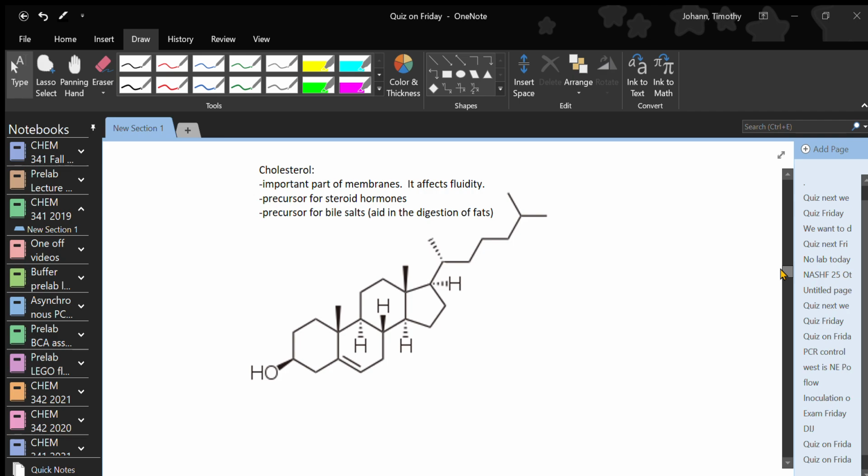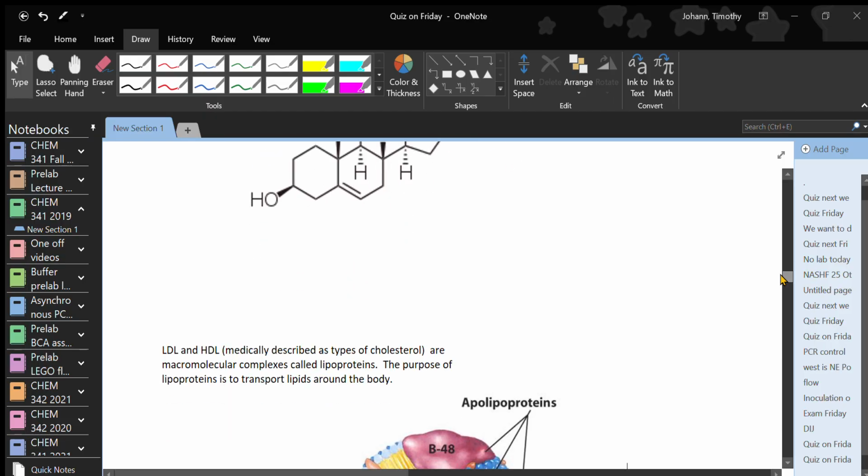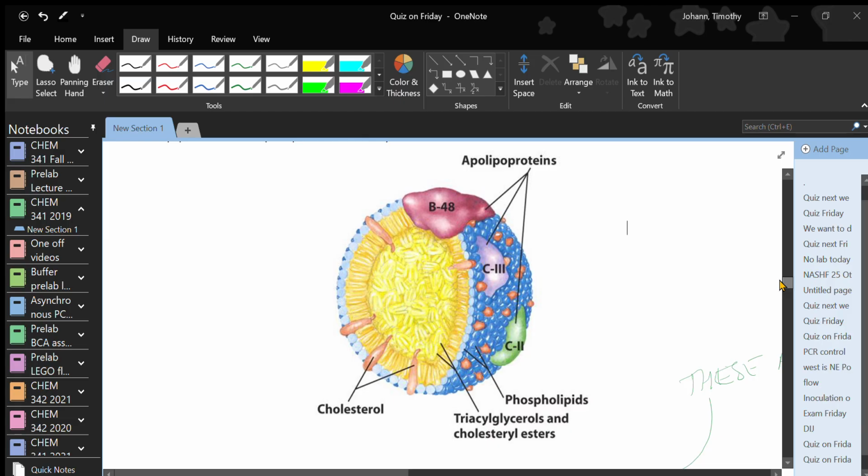But everything besides this is nonpolar. So these aren't very polar. If you want to get them around your body and get them dissolved in blood, or, well, carried in blood at any reasonable concentration, they get packaged like this. So that we have like a liposome, but we package them in this lipoprotein, is what this whole complex is called.